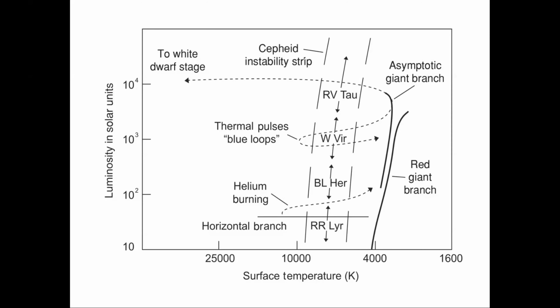That's when you see them as BL Herculis stars. As they progress further on, they develop something called thermal pulses or blue loops that make them venture again across the instability strip, and that's when you see them as W Virginis stars. As they evolve further on, they cross the instability strip for the last time, and that's when you see them as RV Tauri stars.